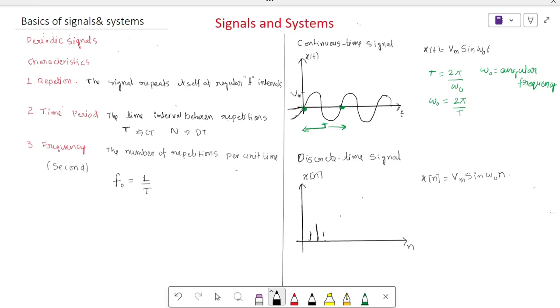In this sinusoidal signal, there is no magnitude here, here, here. So this is the small magnitude. This is a peak, negative peak. This is zero.